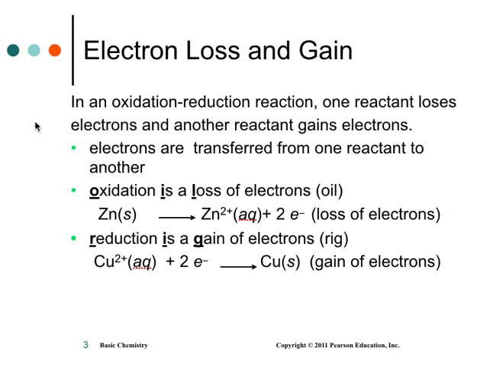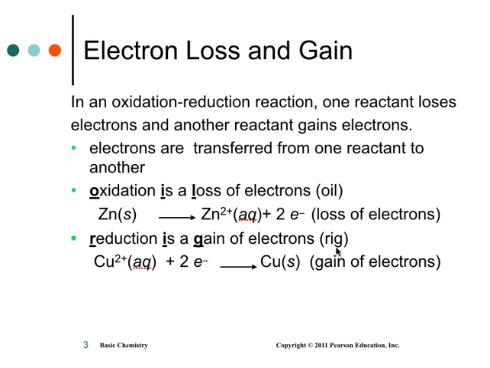So what we see is that if an electron is donated, it's lost. Here's a mnemonic that may help you. Oxidation is loss of electrons, so OIL. Reduction is gain of electrons, RIG. So if you can remember OIL RIG, oxidation is loss, reduction is gain of electrons.